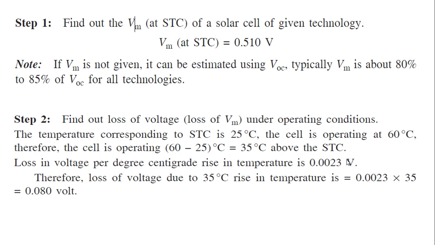The loss in voltage due to the 35 degrees centigrade rise is 0.0023 into 35, that is 0.080 volt. So we are having this much reduction in the voltage.